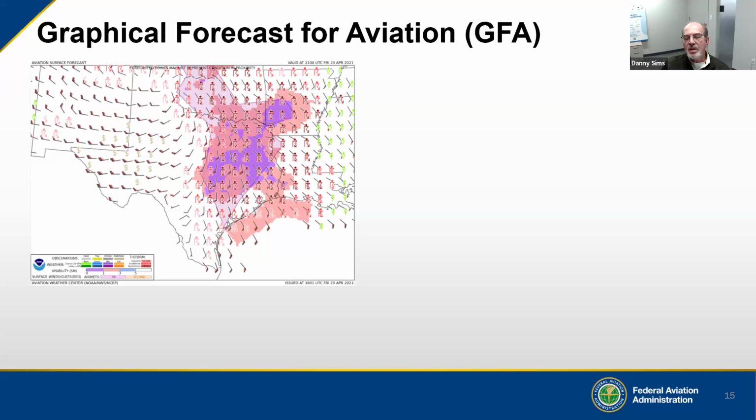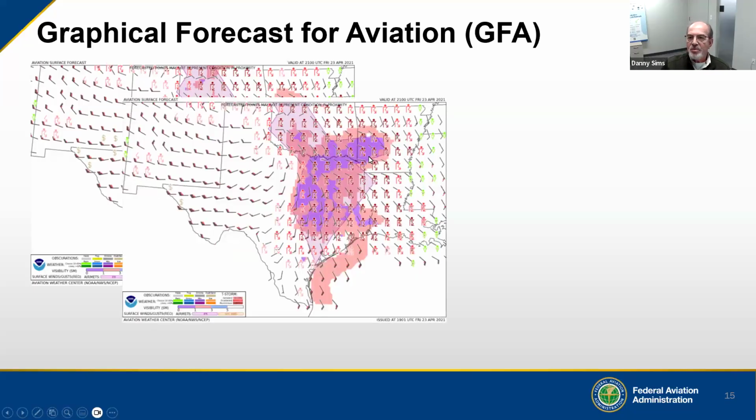What we see in the colored areas is a wide area of reduced surface visibility, IFR conditions. But we also see that there are numerous thunderstorms and showers over much of the region. If you look into western Arkansas, the symbols there are for severe thunderstorms, and they cover this entire area.